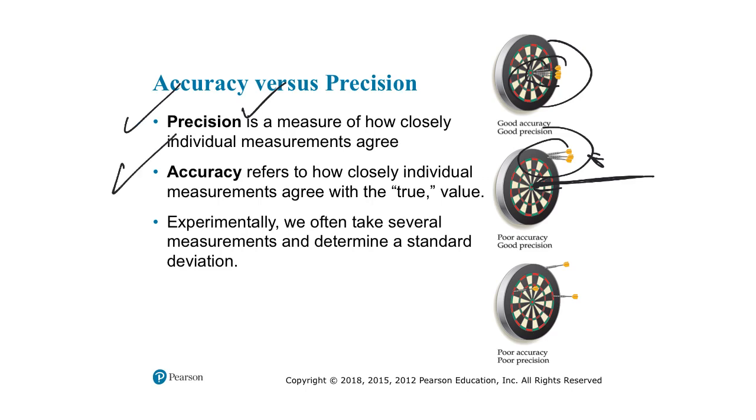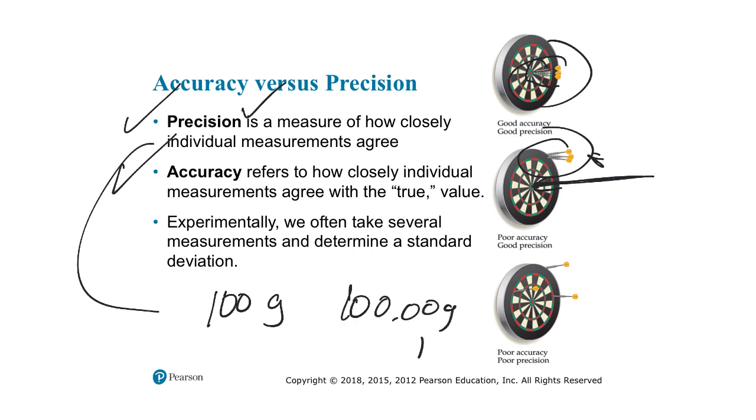Precision, the idea being repeatability. I also like to think of precision as: the more digits you see, the more reliable, the more precise that particular value is. So I would say, if you have a 100-gram object versus 100.00 grams, the latter has a higher preciseness.